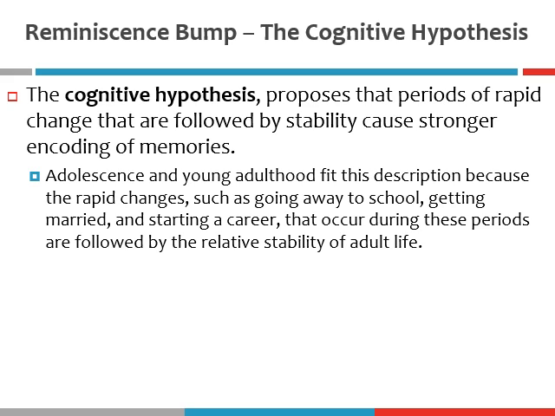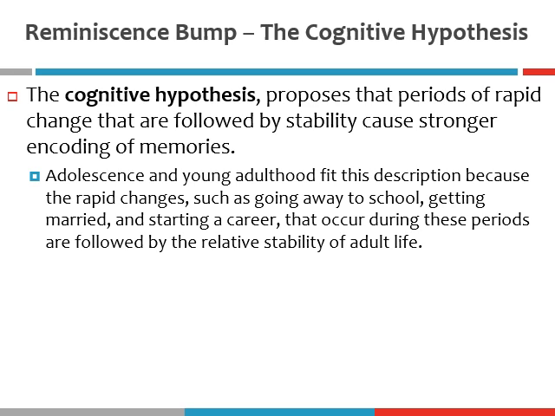So you're developing new relationships with people, you're living in a new environment, you're suddenly faced with all of these new responsibilities, right? So the period in which the reminiscence bump occurs is typically characterized by a lot of significant changes, right? But those significant changes are usually followed by long periods of stability, right?